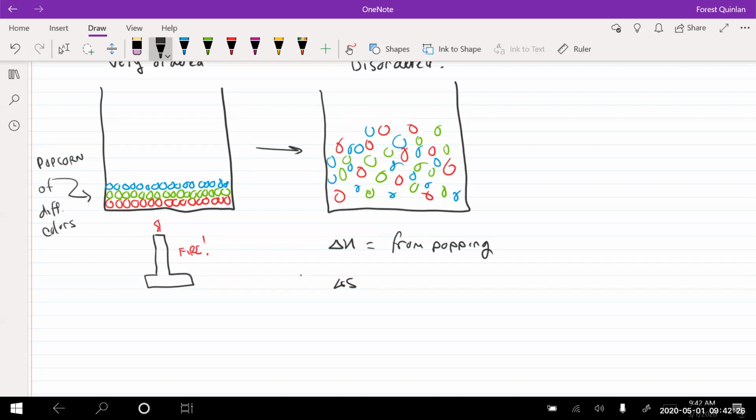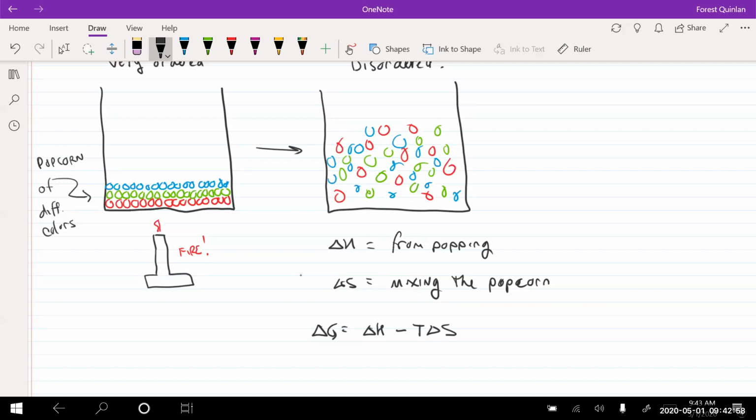The delta S is mixing the popcorn. The delta G is this energy that we got from popping it minus the energy that we lost to mixing, the entropy from that. And you'll notice, again, I put the temperature in there.